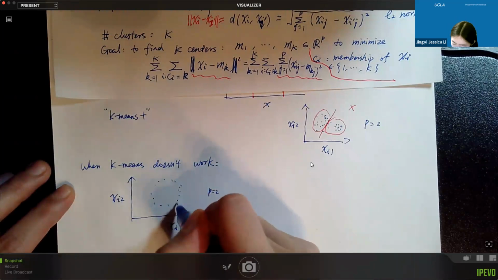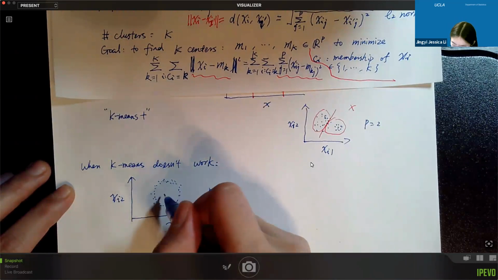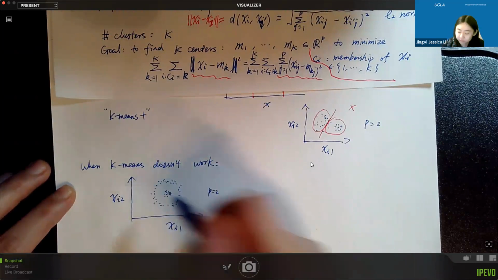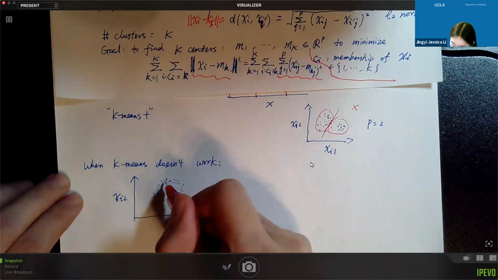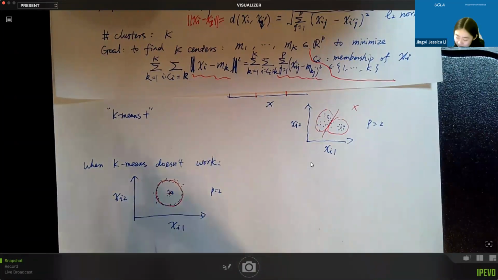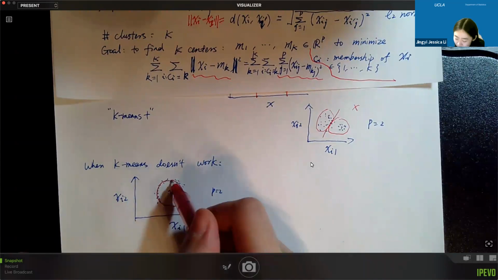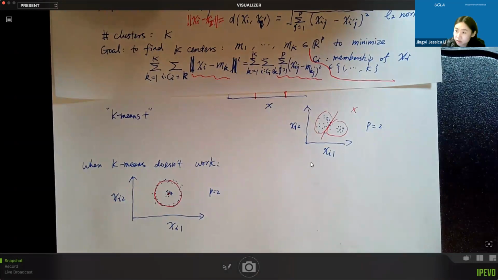If the data points are falling in a bigger ring and a small cloud in the center, in this case, the Euclidean distance is not a good metric, because what you want is these points to be in one cluster and this to be another cluster. But clearly, in the ring, the points are very far away from each other in Euclidean distance, right? So k-means will never find this pattern, will not divide the center into one cluster and this as another cluster.